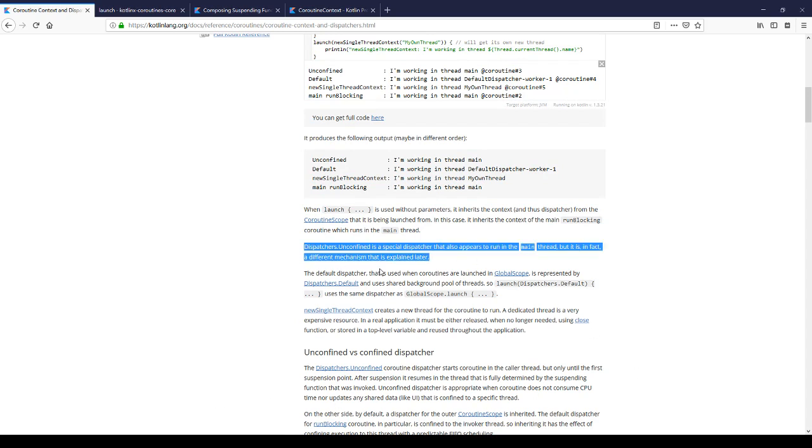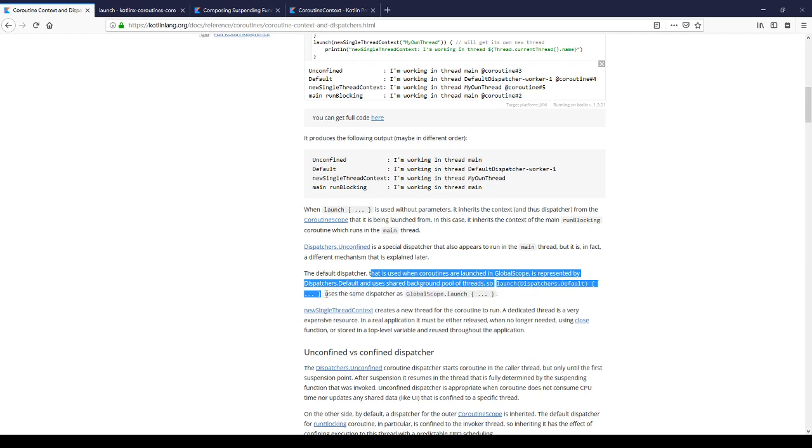And the default dispatcher that is used when coroutines are launched in global scope is represented by Dispatchers.Default and uses a shared background pool of threads. So launch(Dispatchers.Default) uses the same dispatcher as GlobalScope.launch. Wait, what? Oh, so that's the global scope. The default one is a global scope one.